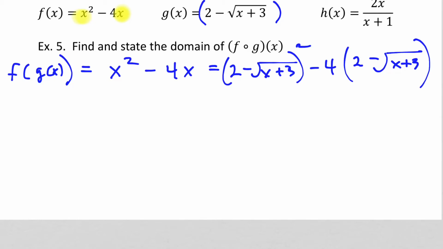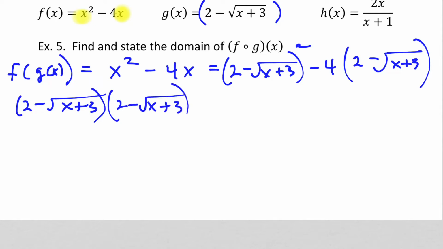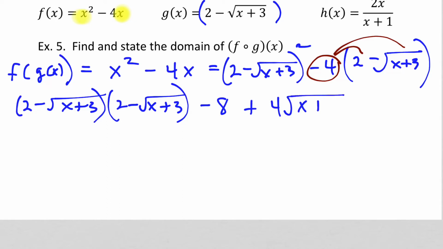So if I have to square a binomial, I'm going to say 2 minus the square root of x plus 3, 2 minus the square root of x plus 3, so that's squared. And I'm going to distribute over here, minus 4 times here and times here. So that's going to be negative 8 plus 4 square roots of x plus 3, doing that distributing.